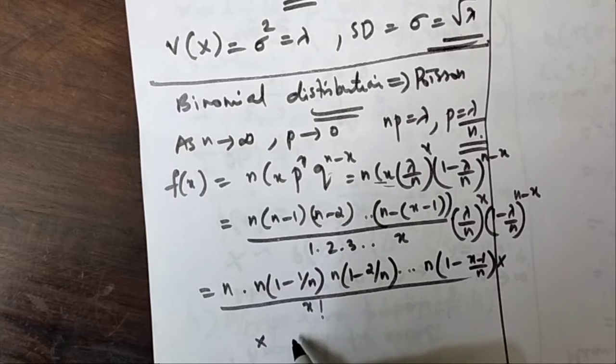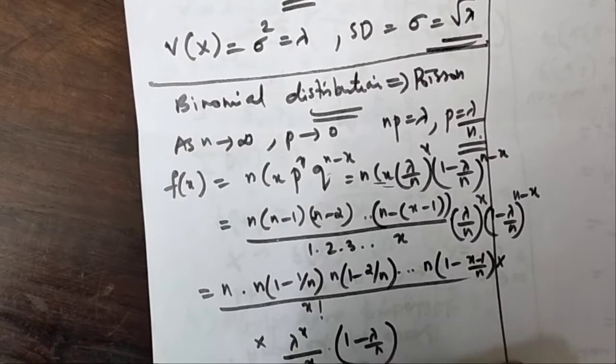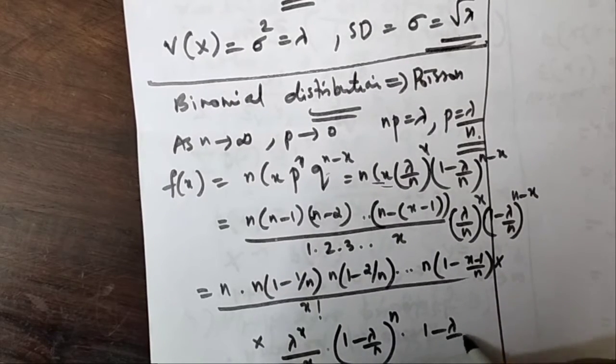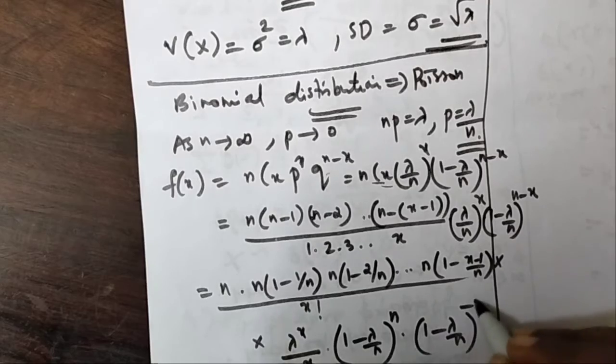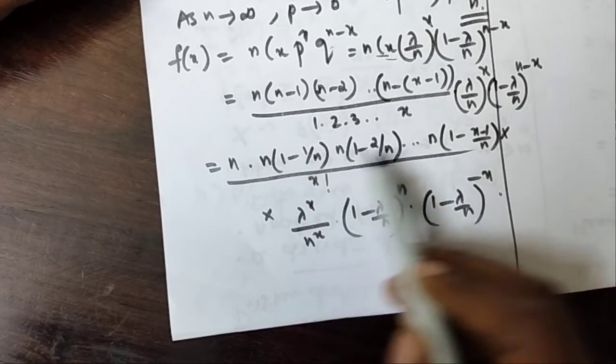So that into lambda raised to x by n raised to x into (1 minus lambda by n) raised to n minus x, which is (1 minus lambda by n) whole raised to n into (1 minus lambda by n) whole raised to minus x. So how many n's are here? n into and so on up to x terms.